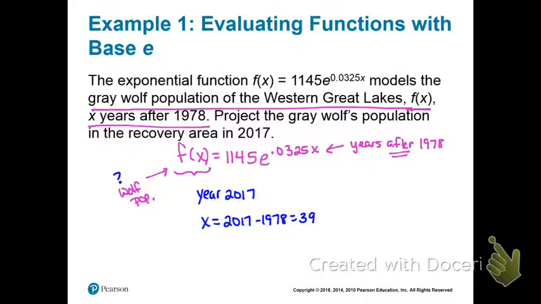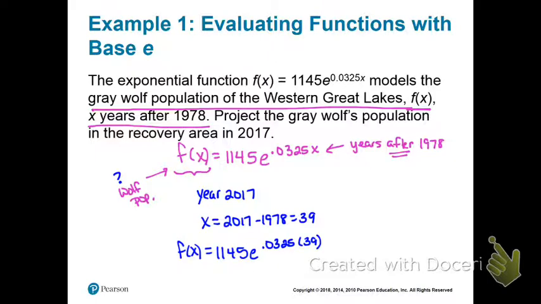All right, so we've got f(x) = 1145e^(0.0325 × 39). Now be really careful when you go to put this in your calculator, okay? So you're going to type in your 1145.